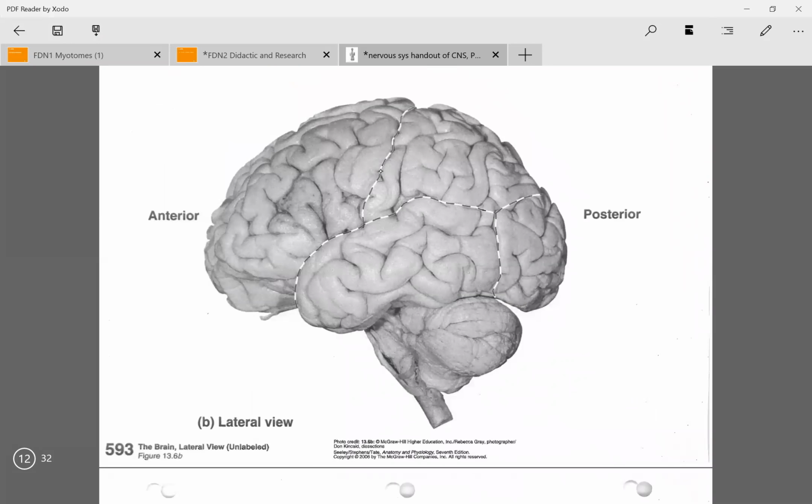Okay, so cerebellum. So that's for balance and proprioception. Okay, all of that is the brain stem. Temporal lobe, occipital lobe, parietal lobe, frontal lobe.